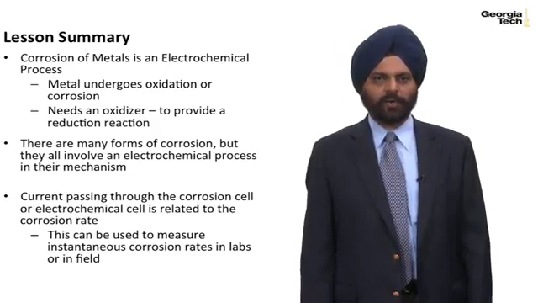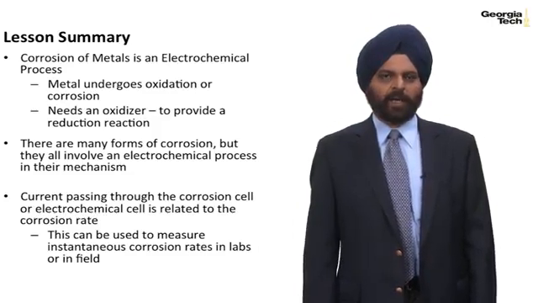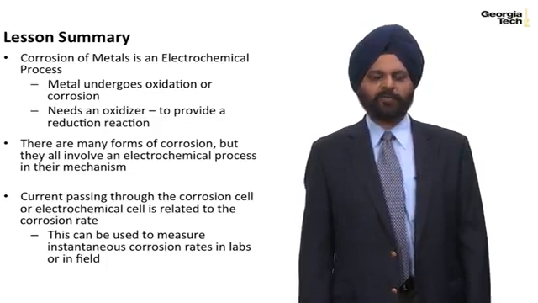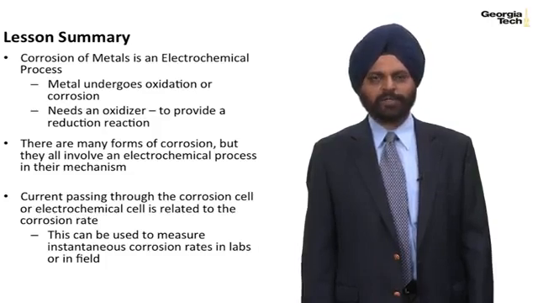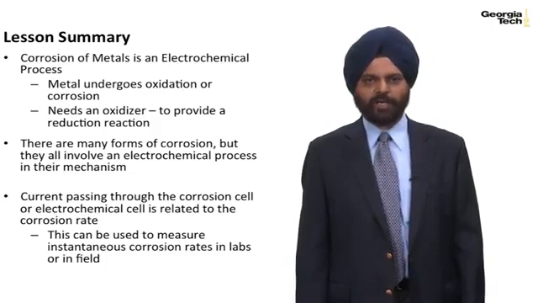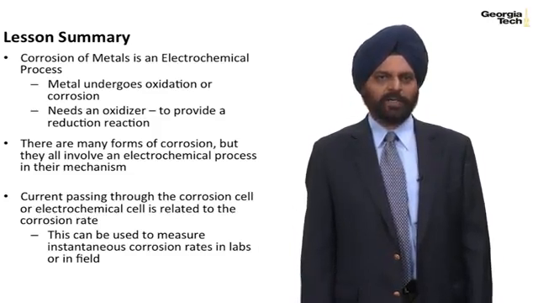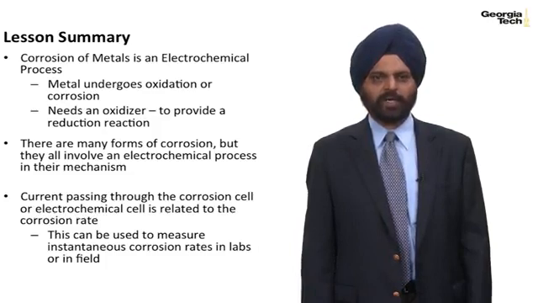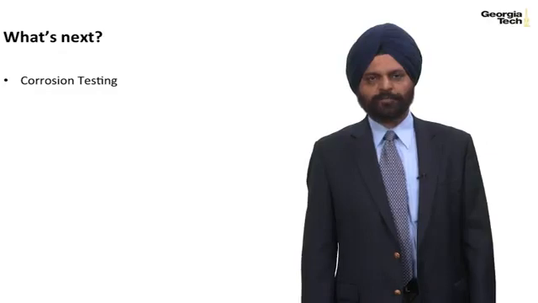There are localized corrosion forms, but all of them involve electrochemical processes in their mechanism. Because of that, the current which is passing through the cell, whether it's localized or uniform, can be related to either localized corrosion rate or uniform corrosion rate. And that can be measured by measuring current, which can be related to instantaneous corrosion rate in labs or in the field. So in the next module, you are going to learn about corrosion testing.